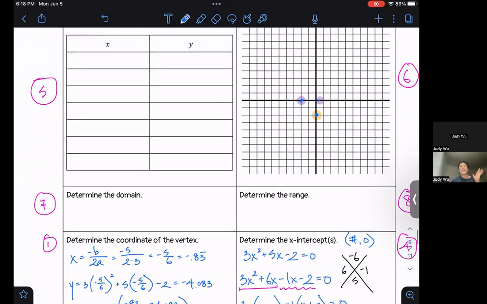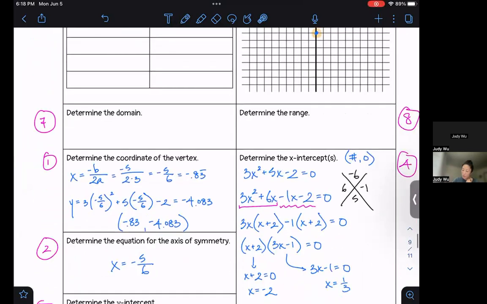All right, now ordinarily I said let's put the vertex right in the middle, right? And then we can count out on both sides and use symmetry. But the weird thing about this uncomfortable decimal situation is that the whole numbers on either side don't really give equal distance. So what I mean by that is 0 and negative 1 are not the same distance from negative 8.3, okay?